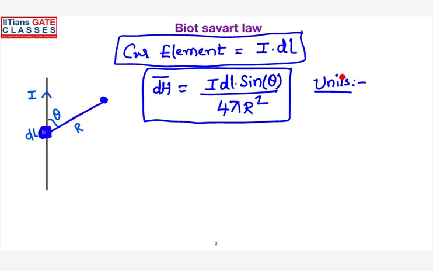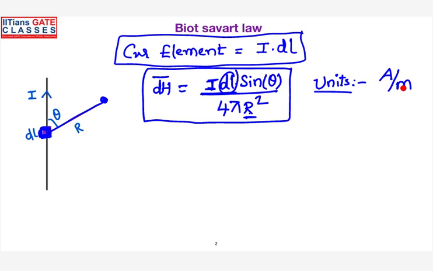Exactly. Here you can see current is in amperes, the differential length is in meters, and r squared is in meter squared. So ampere meter divided by meter squared, and you are going to get the units of ampere per meter. Sin theta is a constant.